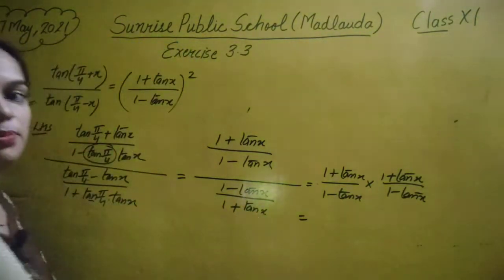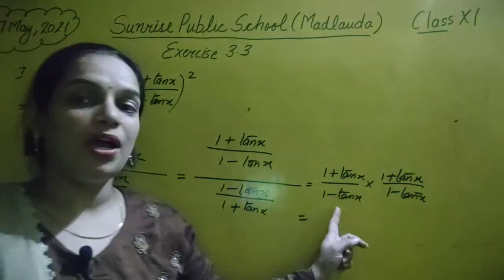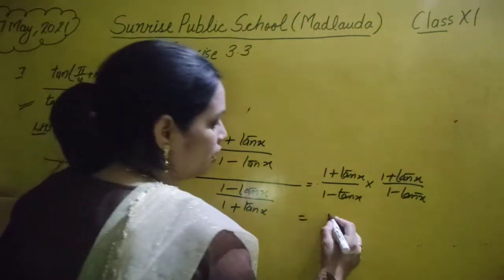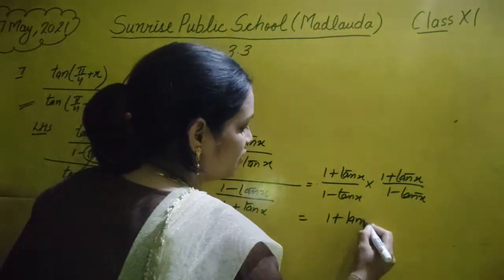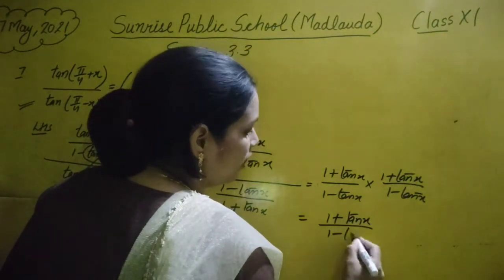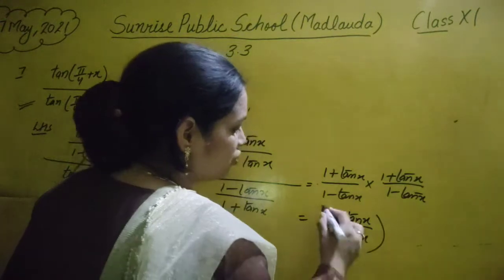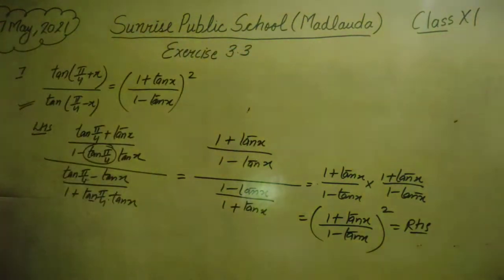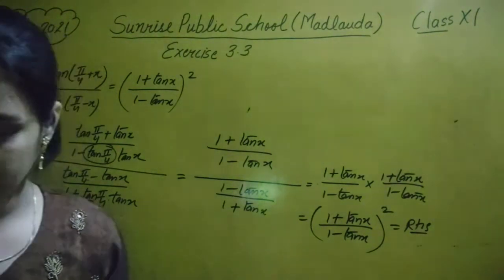Now 1 plus tangent x divided by 1 minus tangent x appears 2 times. So we can write it as a square, 1 plus tangent x divided by 1 minus tangent x whole square, and this is equal to the right hand side. So in this way we can solve this question.